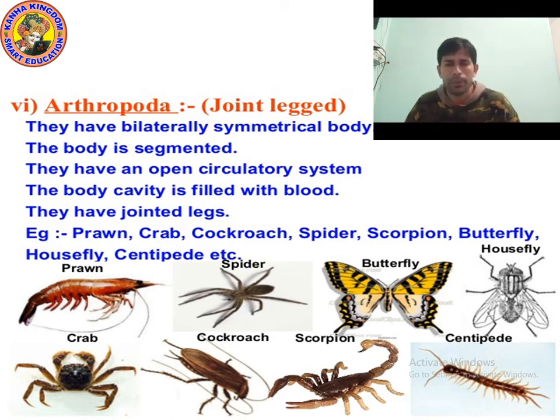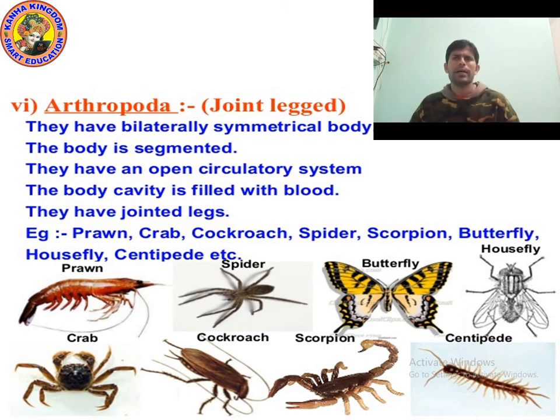Arthropoda do not have veins, so their blood flows openly. They do not have a closed path.